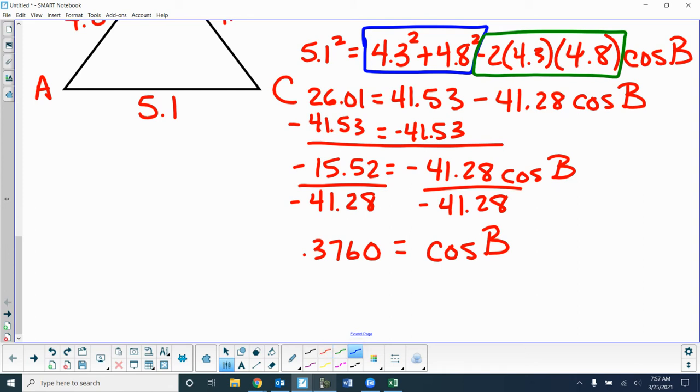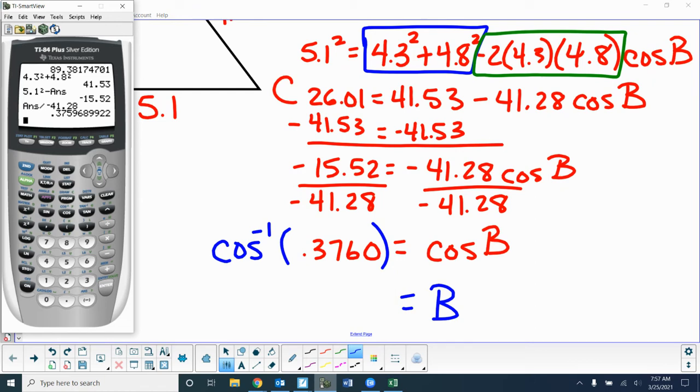Remember, we're going to take inverse cosine of that to find what angle B is. Now remember, we're using law of cosines here, so it's second cosine, second answer. So we get 67.9 degrees for angle B.